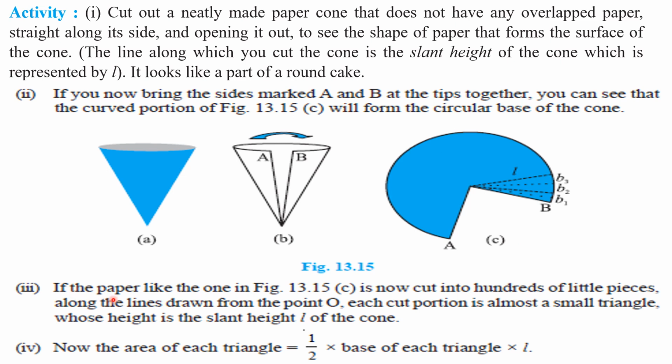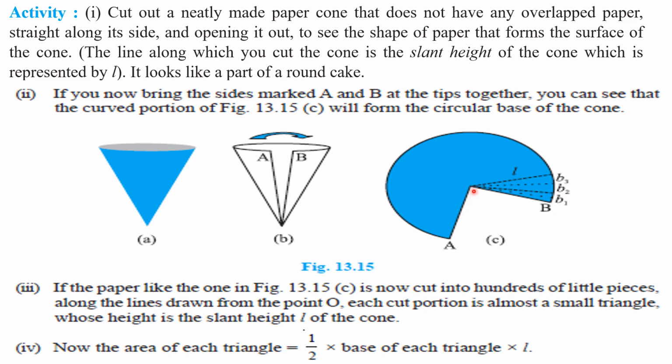Now, if the paper like the one in figure 13.15C is cut into hundreds of little pieces along the lines drawn from the point O, each cut portion is almost a small triangle.